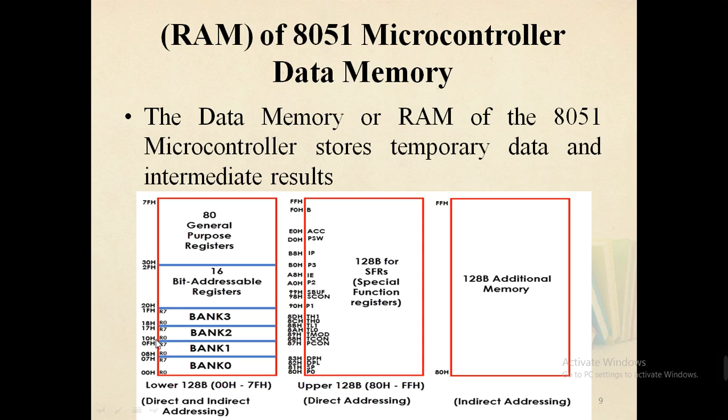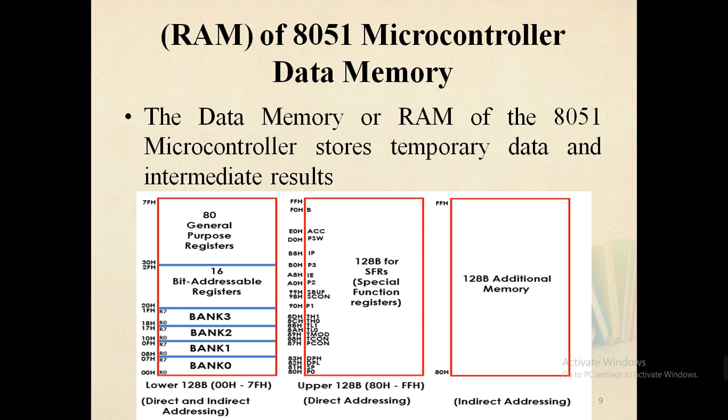These are organized as 4 banks with 8 registers in each bank. The 4 banks are named Bank 0, Bank 1, Bank 2 and Bank 3. Each bank consists of 8 registers named R0 to R7.